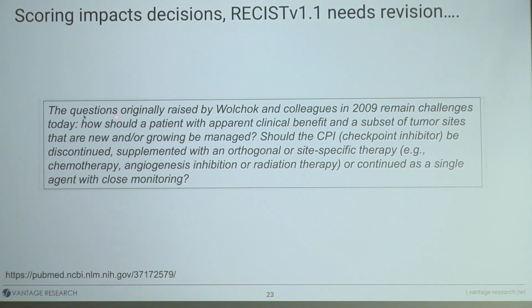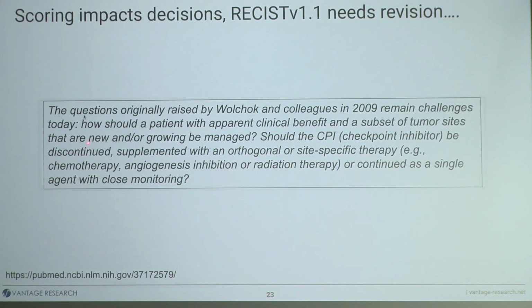And what they say is the following. They say that challenges remain today in how to interpret clinical data. How should a patient with apparent clinical benefit and a subset of tumor sites that are growing and are not growing be managed, or new or growing be managed?